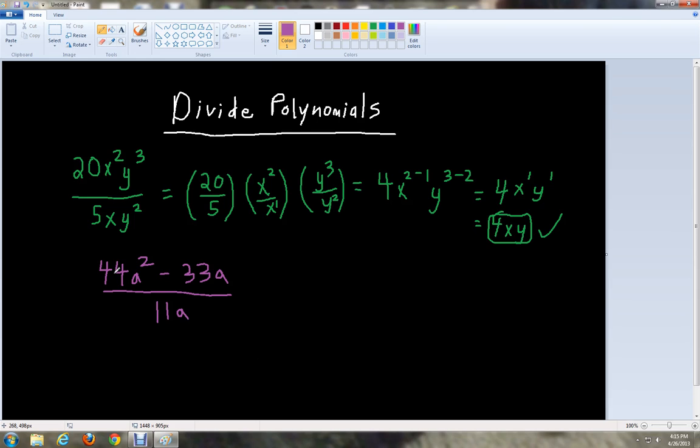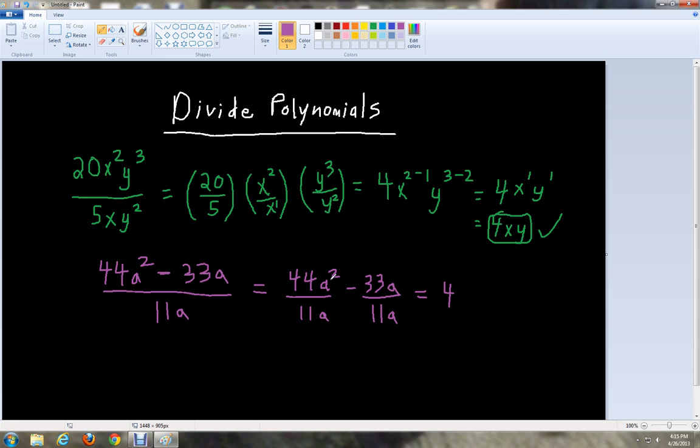So when you're dividing a binomial by a monomial, you're just going to divide each part separately and then subtract the two parts. So that will be 44a squared all over 11a minus 33a over 11a. And so this equals 44 divided by 11, that's going to be 4.